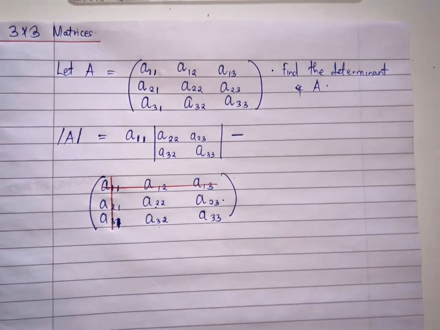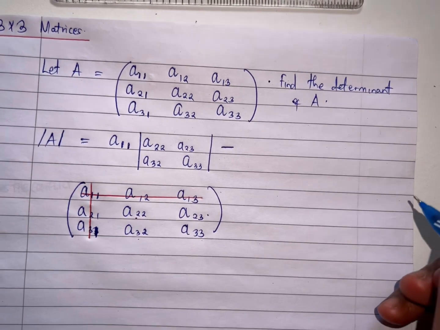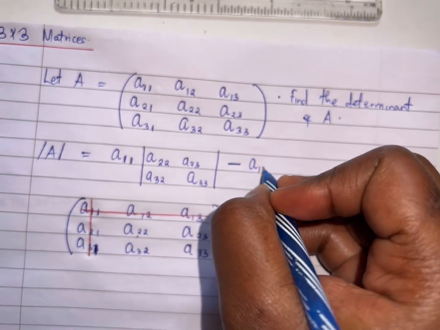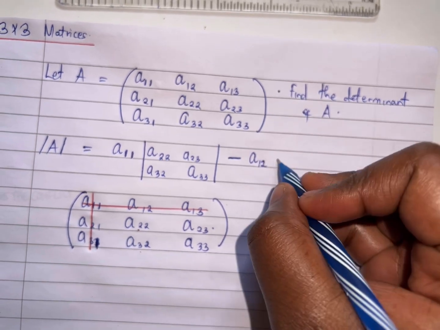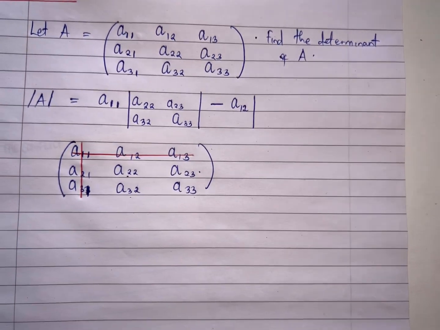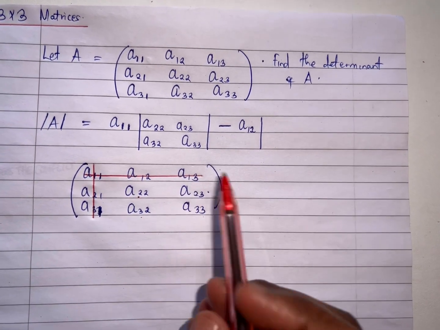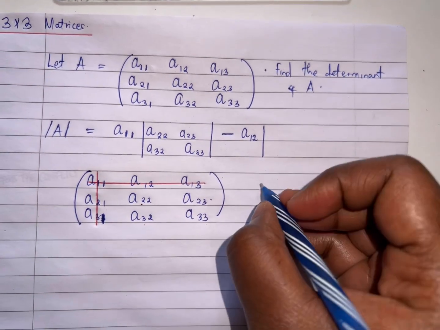Then we're going to put a minus, so it's a minus or a negative. Then we're going to have a positive for the third one. A12, we move like that and do the same thing. For A12, we cancel the row and the column where A12 is.